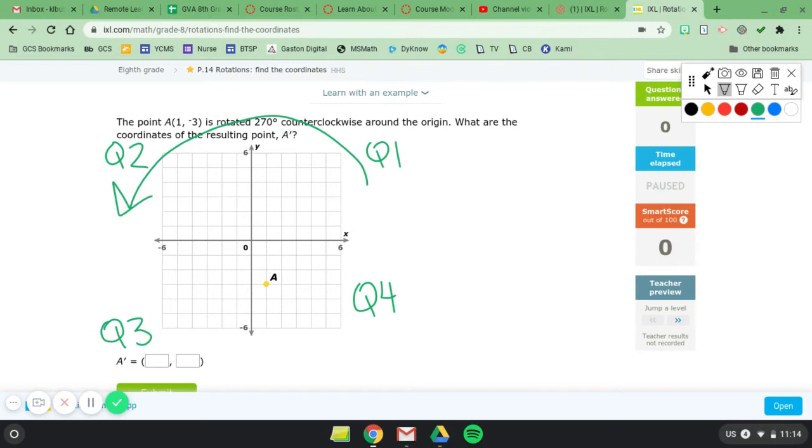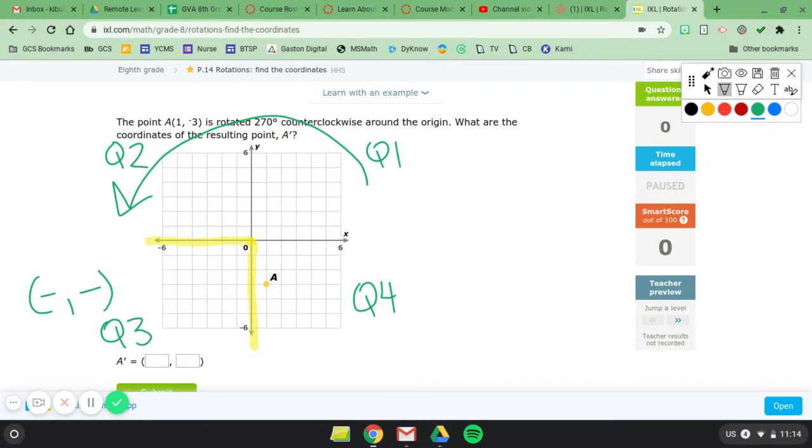And I want you to remember what the values in quadrant 3 look like. So in quadrant 3, the x values are all going to be negative numbers, and so are the y values. So that's what the values will look like there.